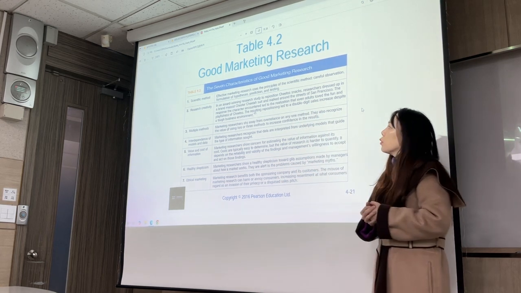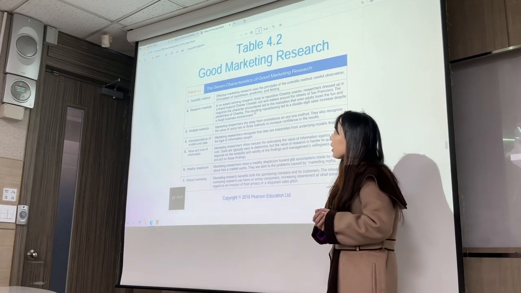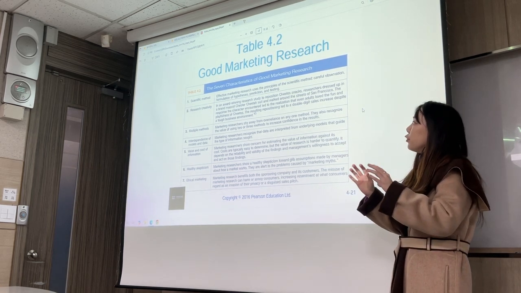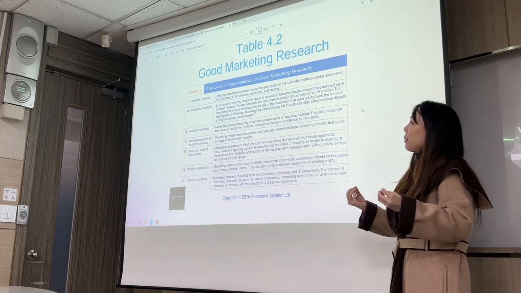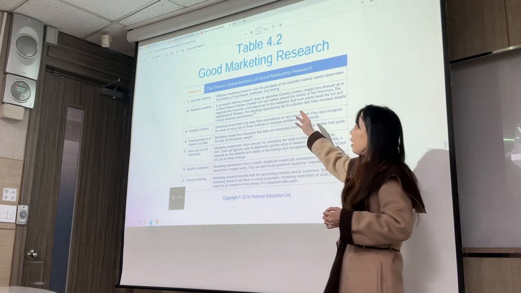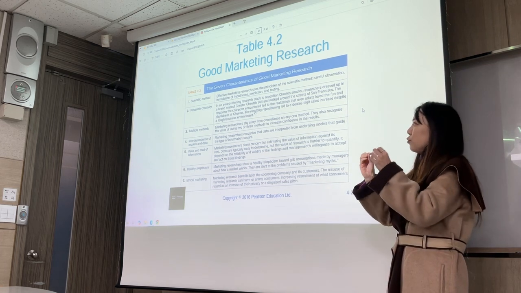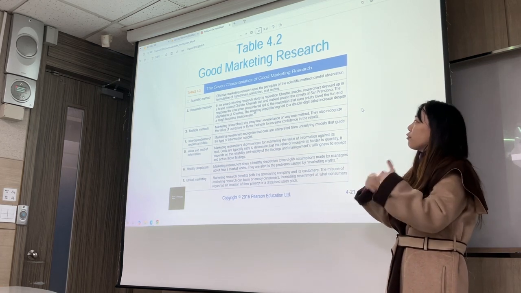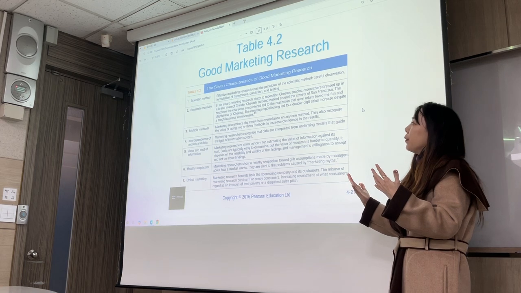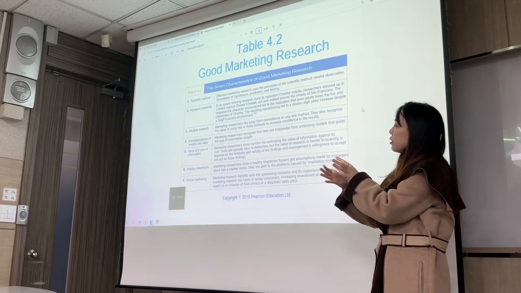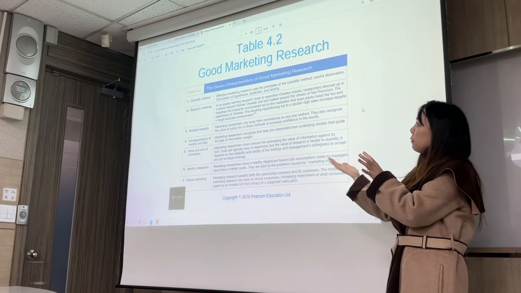First of all, good research should use the scientific method, which is you work with numbers, right? You're using numerical methodology by using the survey. And the second one is research creativity, which is you make a questionnaire that should be more creative. For example, you ask more closed questions about customers' purchasing patterns.